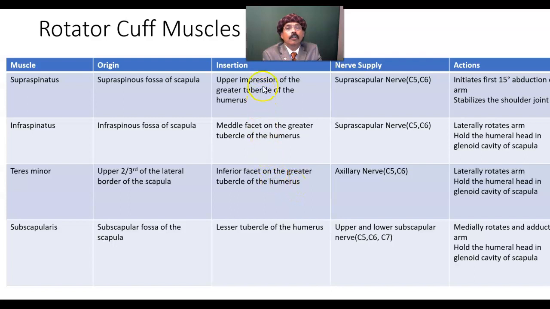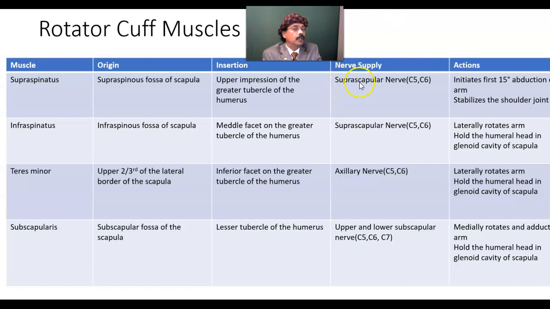So all these three insert into the greater tubercle: upper impression, middle impression, and lower impression. How about subscapularis? Subscapularis takes origin from the subscapular fossa of the scapula and is inserted to the lesser tubercle of the humerus.